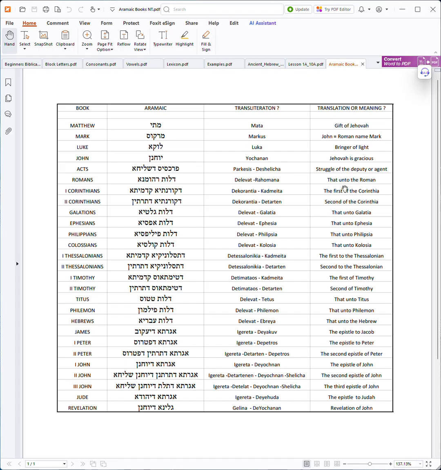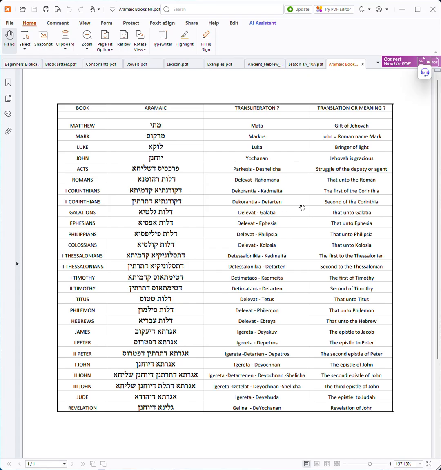This is Romans, that unto the Romans. Okay? So this is "that unto," and this part is the Romans. Okay? So this is 1 Corinthians, the first of the Corinthians. The Dalet there is "of." So this is "of the Corinthians" right here.